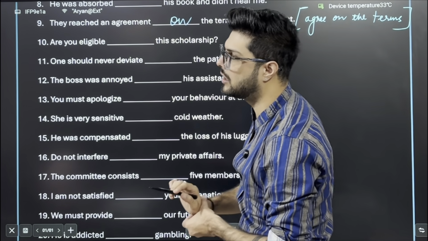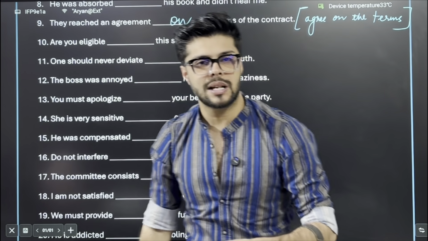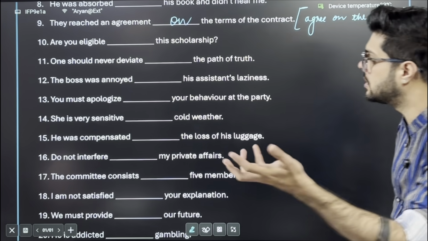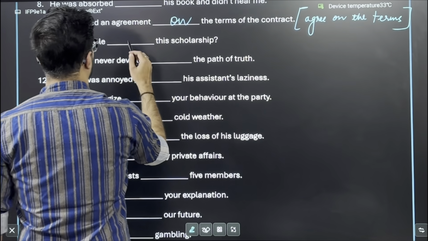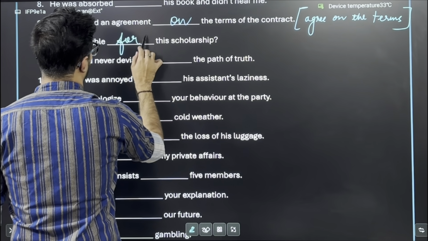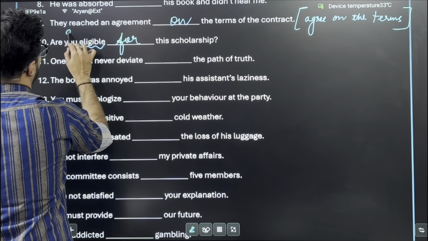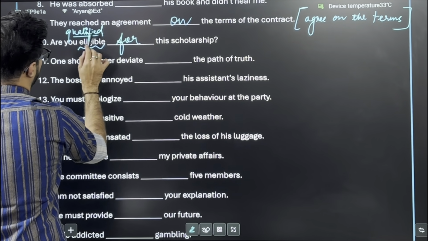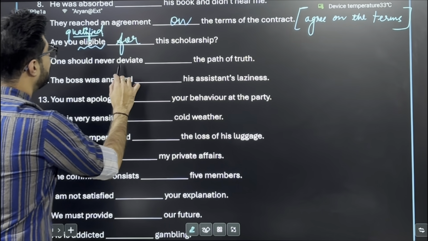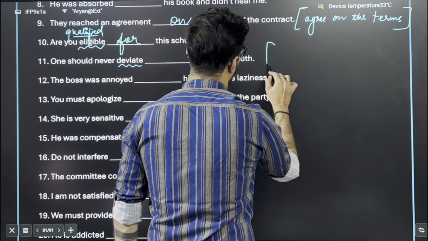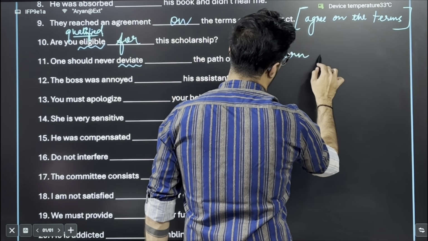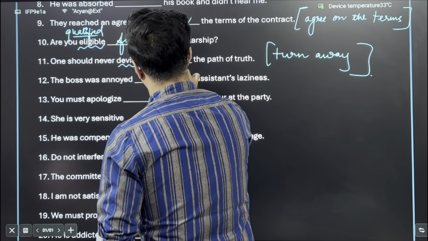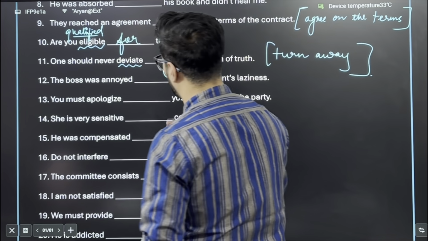Remember that you always agree with a person, you agree to something, but you agree on common ground or on common terms. Are you eligible for this scholarship? Eligible means are you qualified for this particular scholarship? One should never deviate means one should never turn away, never stray. So deviate from the path of truth.